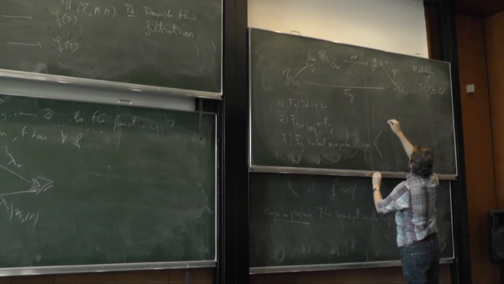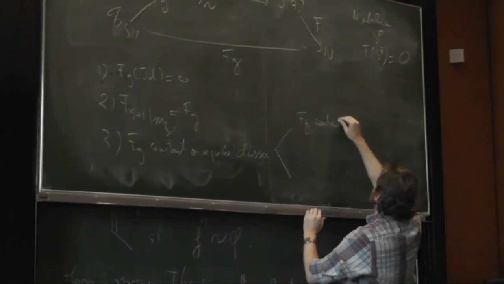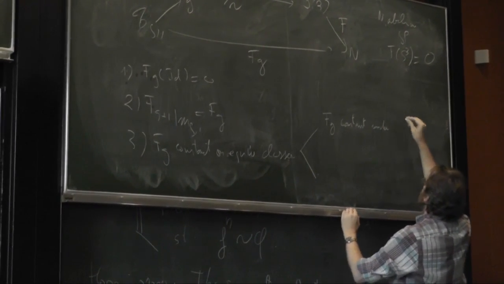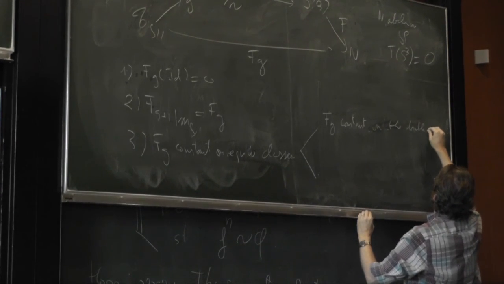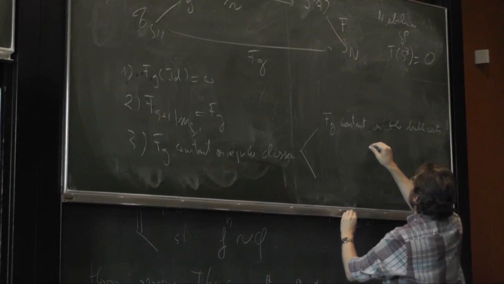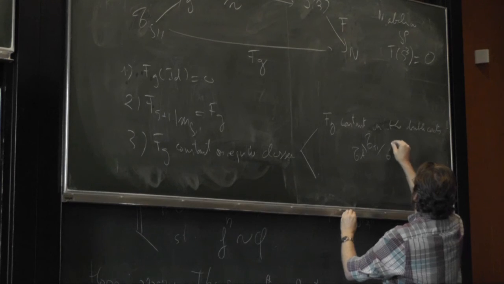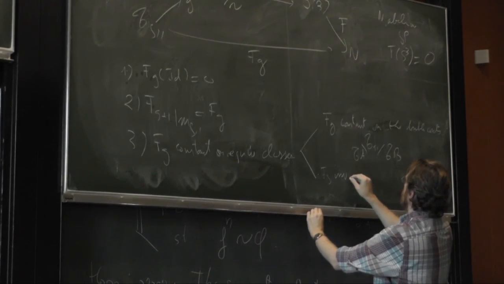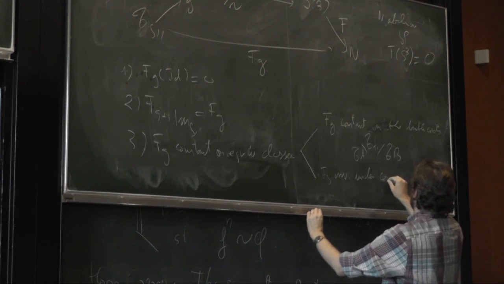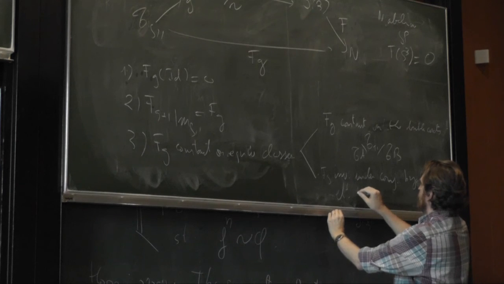First, fg is constant on the double cosets T1 mod TA mod TD, and this is invariant under conjugation by an element in ABG1.